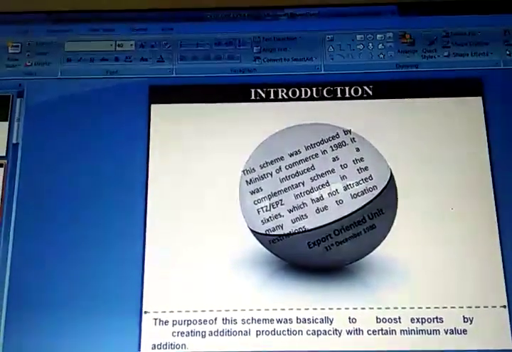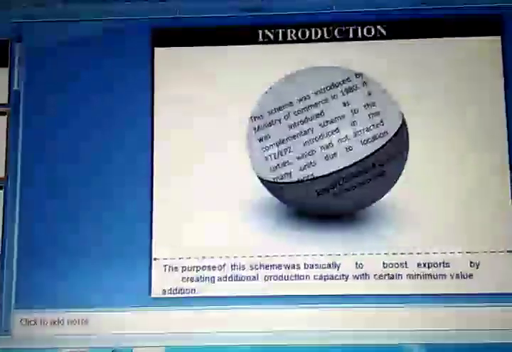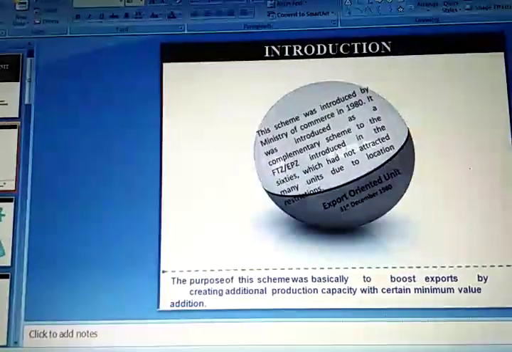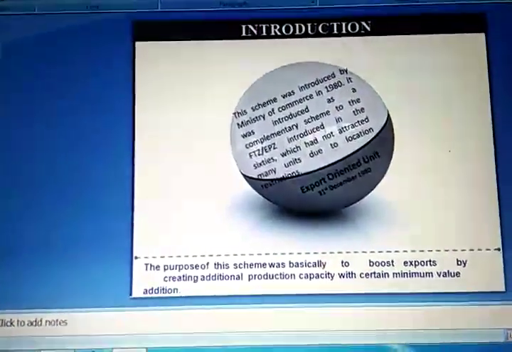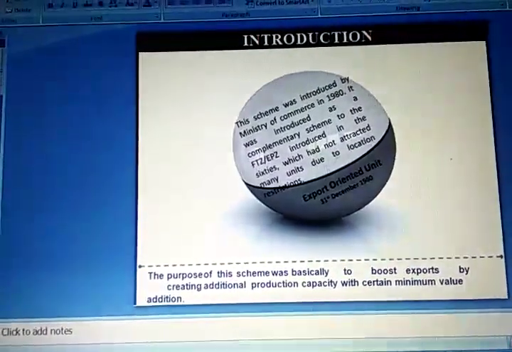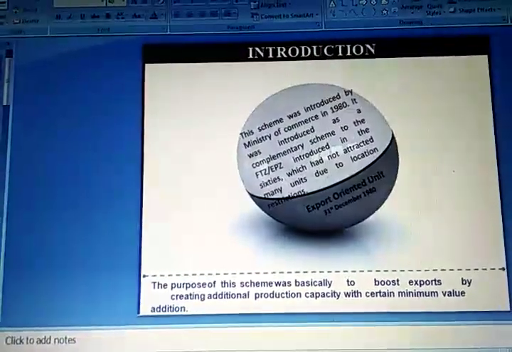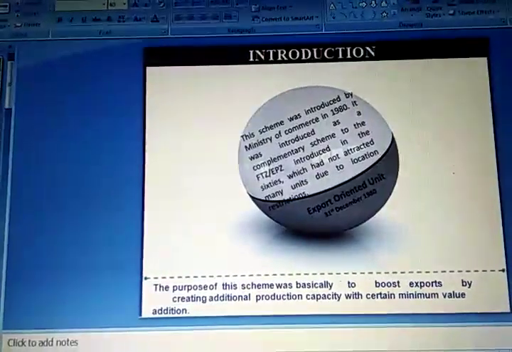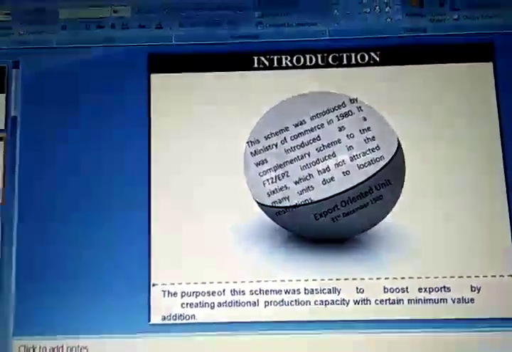The purpose of this scheme was basically to boost exports by creating additional production capacity with certain minimum value addition. So this is a scheme developed by the Ministry of Commerce in 1980 for boosting up export promotions. Clear?